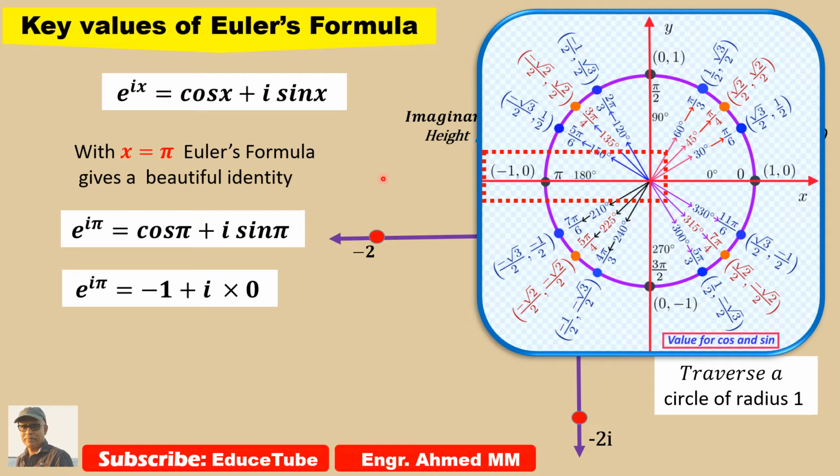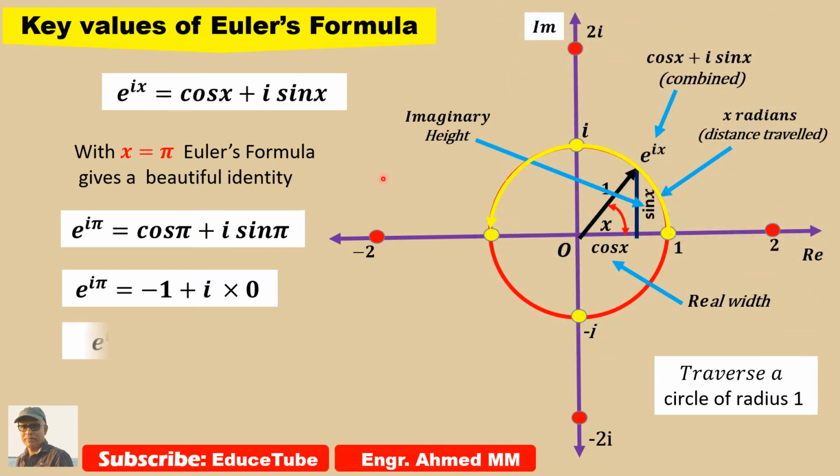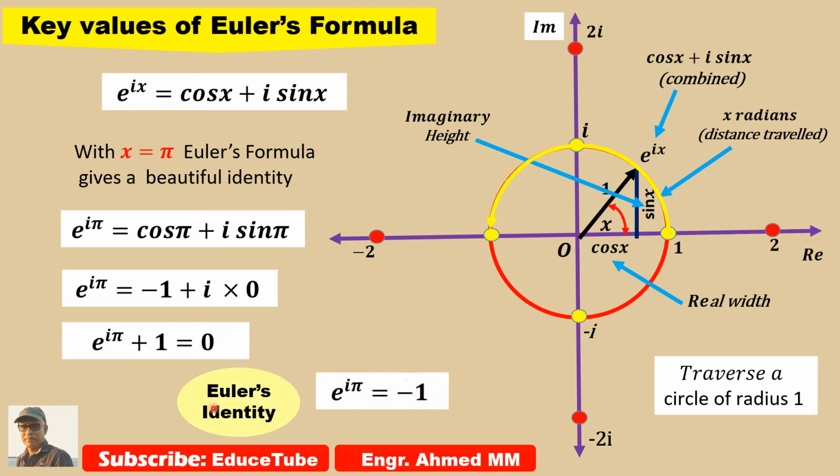So we got the value from this table, confirm it. So basically what it comes, let's remove this. So e^(iπ) + 1 = 0. This is Euler's identity, and this value is -1.